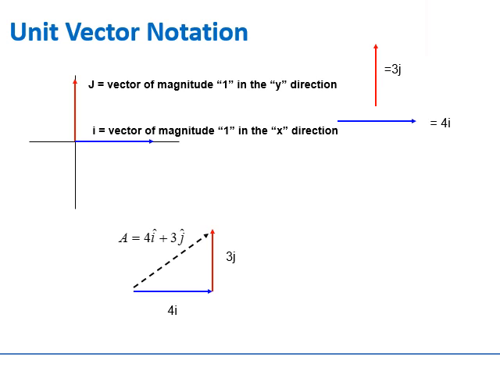Since 4 is along the x-axis, we always attach i for x and j for y. So this is your vector A, 4 i cap plus 3 j cap.